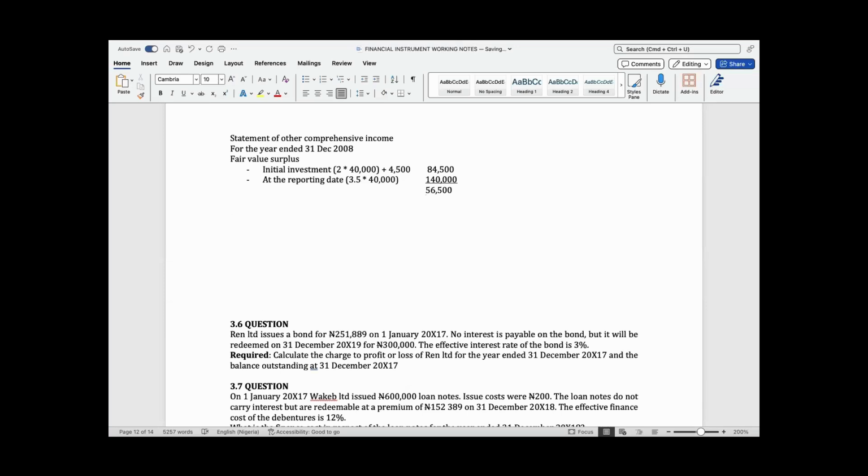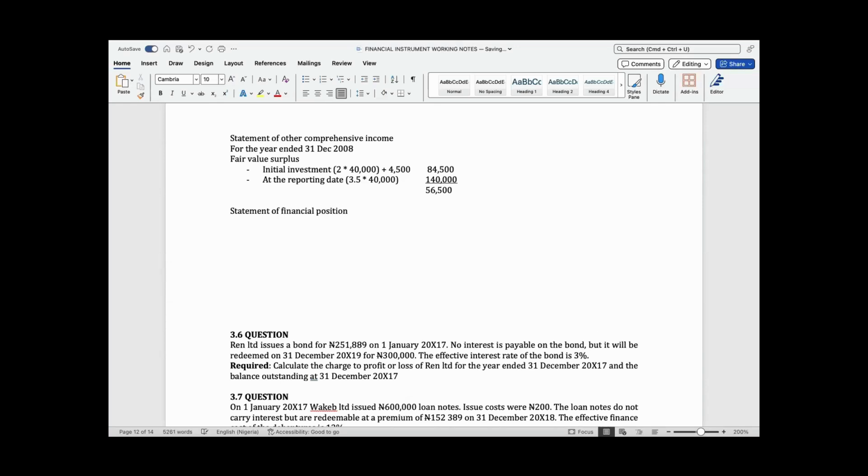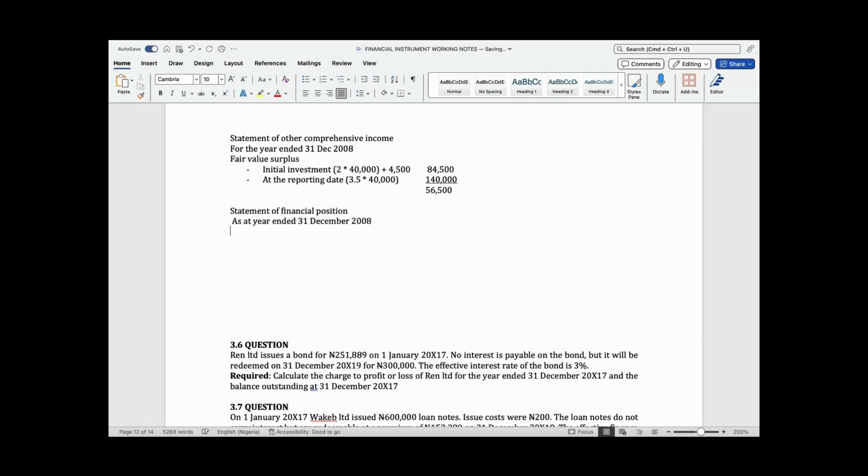At the end of the year, in my statement of financial position, I have my financial assets at fair value through OCI, still this.